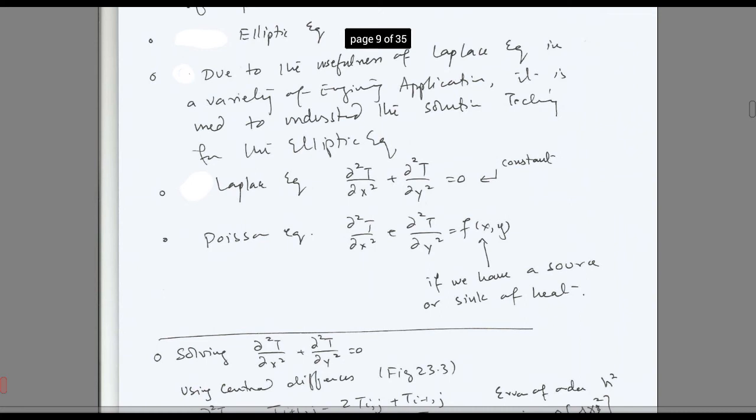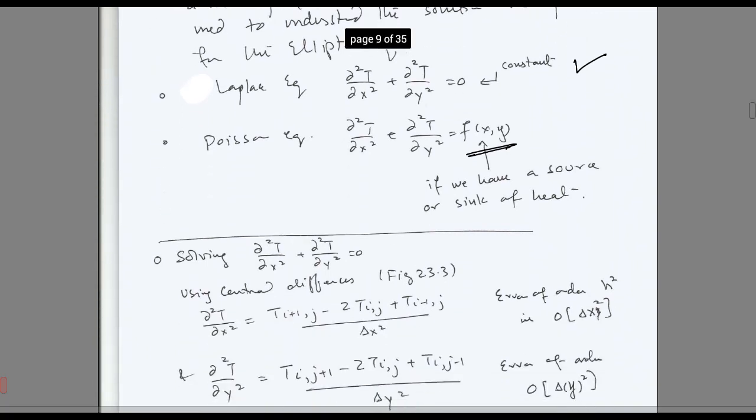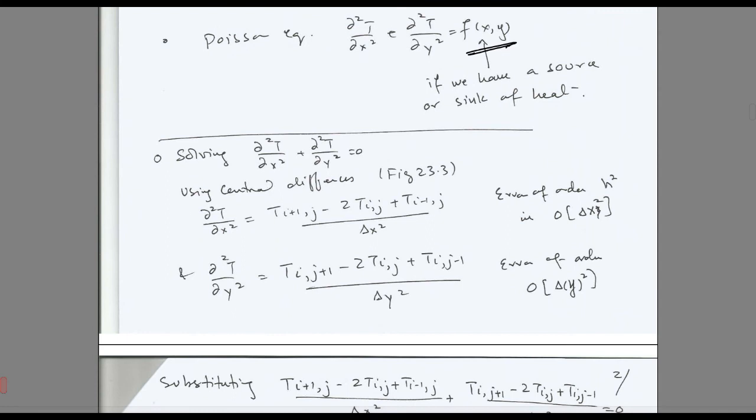In case the temperature on the boundary is not constant, this can be represented by a function like a source or a sink of heat, where the temperature may vary. So our target is to solve this partial differential equation.